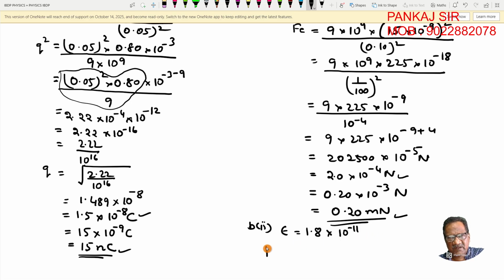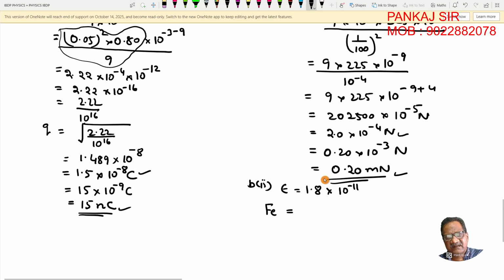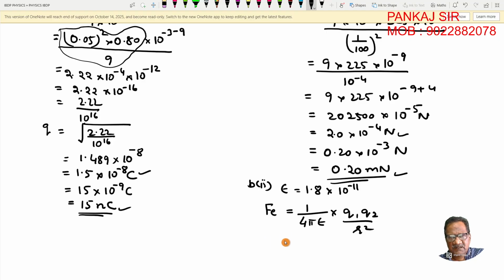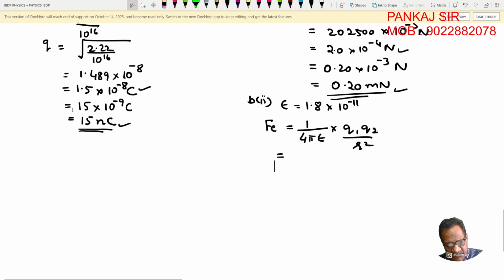Okay, so now your Fe will be equal to, now I cannot use the formula for K. Now I am going to use this formula. Instead of K, I am going to use this constant 1 upon 4 pi epsilon, times Q1 Q2 upon R square. This formula I am going to use. So this will give me Fe is equal to 1 upon 4 pi.